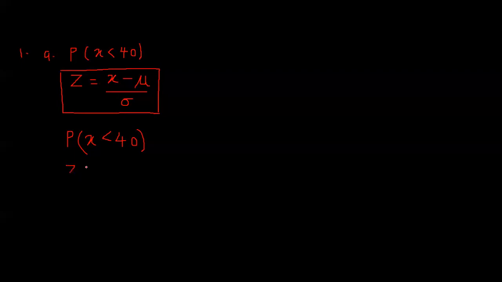So z equal to x, which is 40, minus mu. So in question 1a, the mean or mu that has been given is 30. Divide by sigma. So the sigma value or standard deviation is 4. So when you calculate this value, you will get z is equal to 2.5.